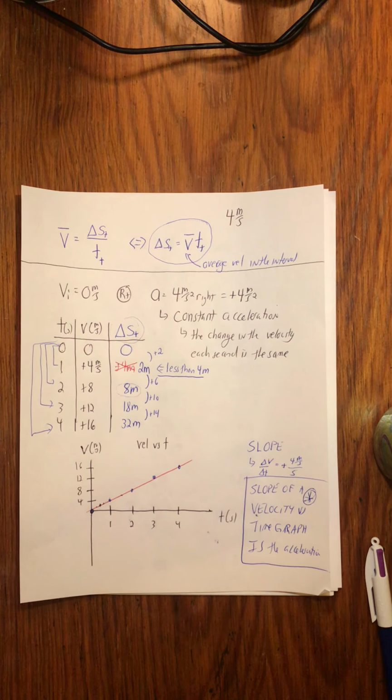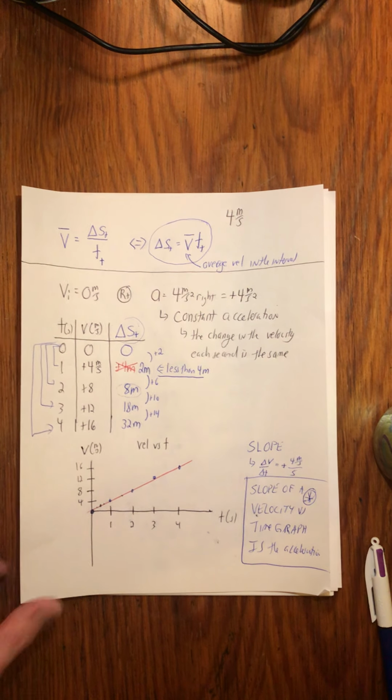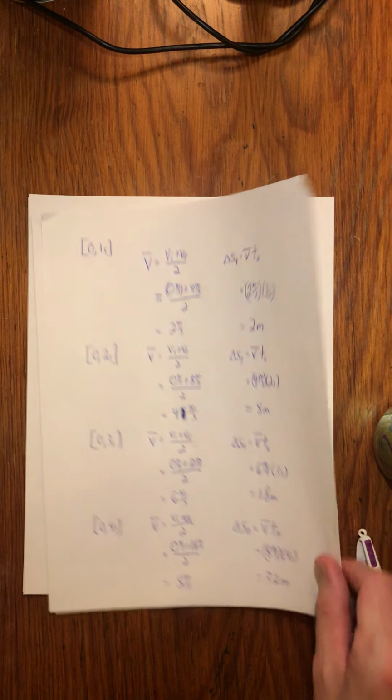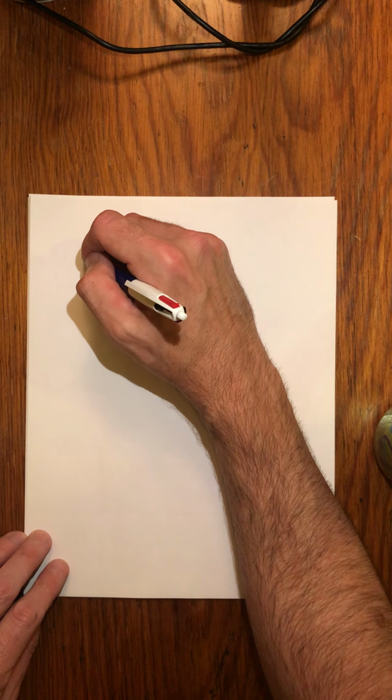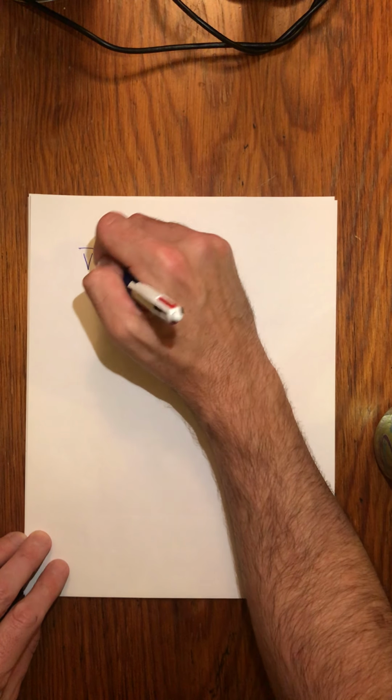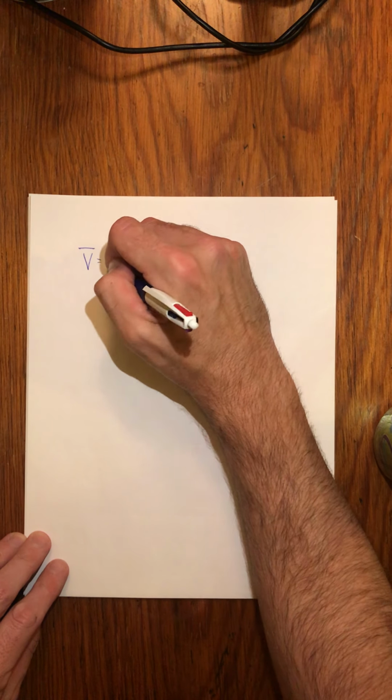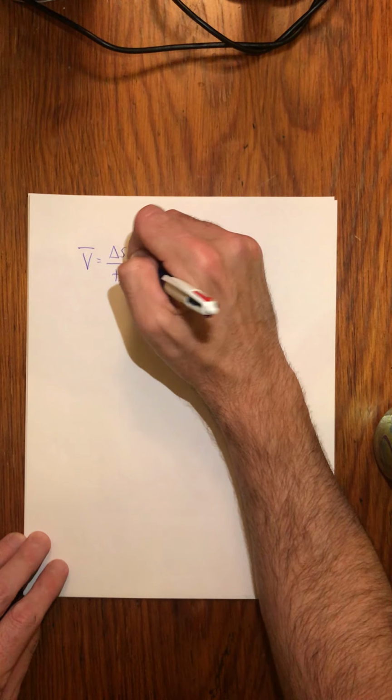So we now have a way of finding out how far. What is that way of finding out how far? Well, very simply here, we know we have a couple of equations. The first is average velocity is total displacement over total time.